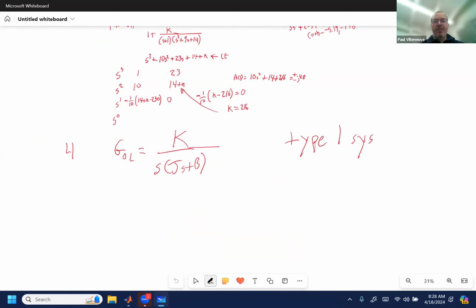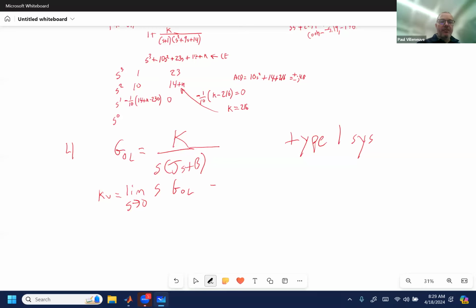All right, so it's a type 1 system. And in a type 1 system, if you recall, my K sub V is the only term I really care about, which is equal to the limit as S approaches 0 of S times my open loop transfer function.